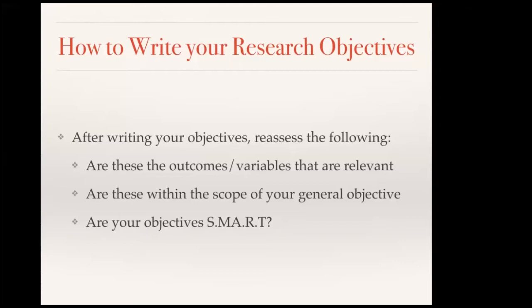And of course, finally, are your objectives SMART? When you write down and you look at your objectives, you look at them as a whole, because you do not have to write every statement as SMART. Like, it's specific, it's measurable, it's achievable, it's relevant, and it's time-bound within 3 months, within 4 months. No, you don't have to write that.